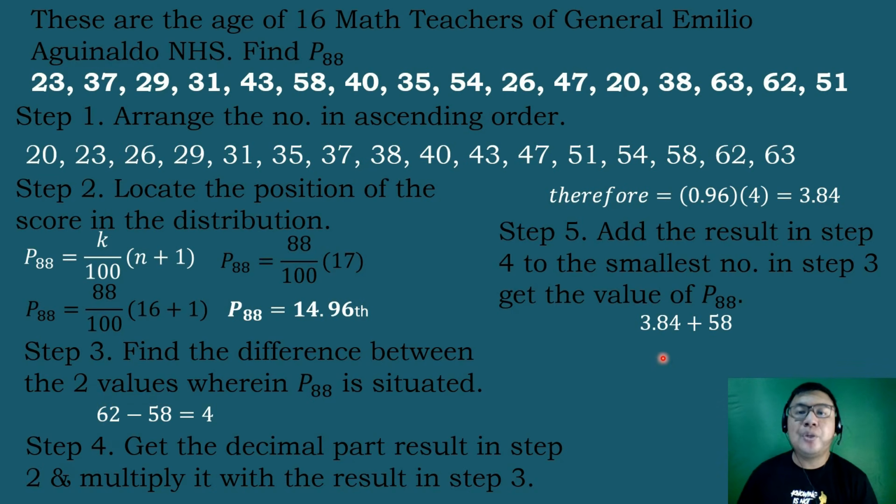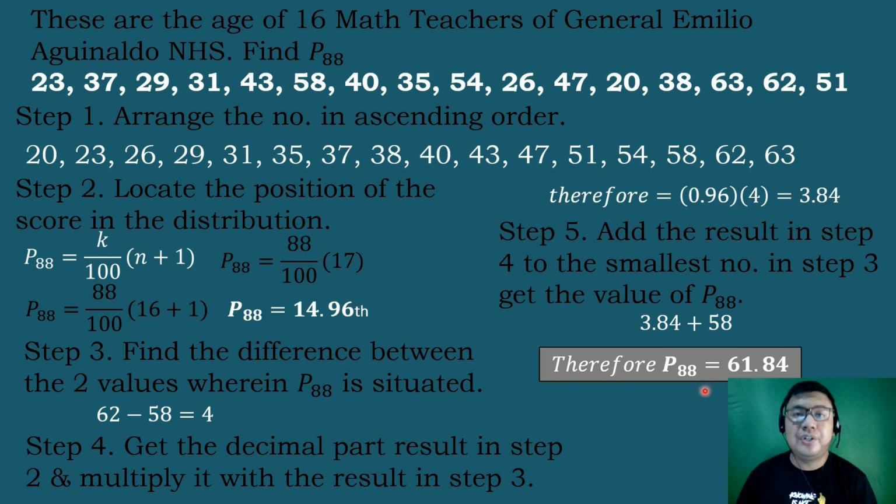We have 3.84 plus 58, and that is equal to 61.84. Therefore, the value of percentile sub 88 is equal to 61.84. And if we try to interpret this, 88% of the math teachers of General Emilio Aguinaldo National High School have an age of less than or equal to 61.84.